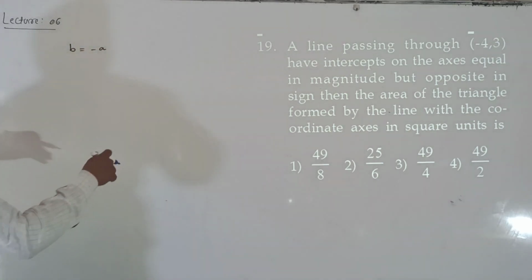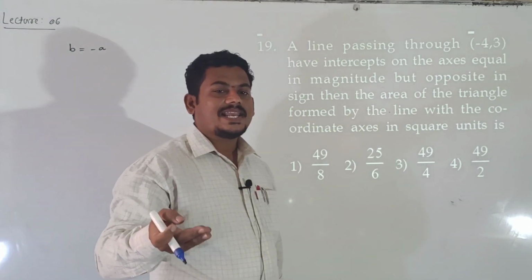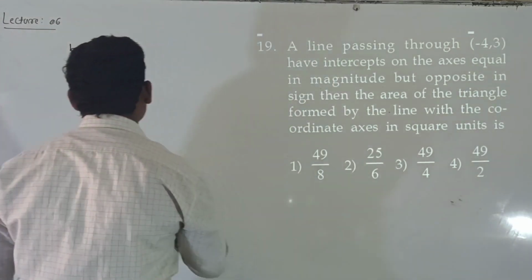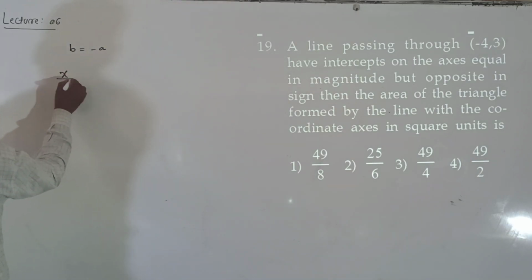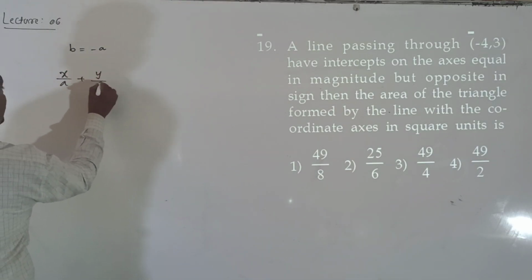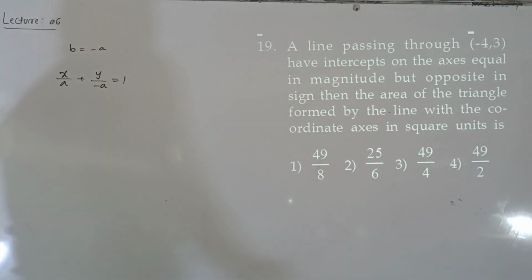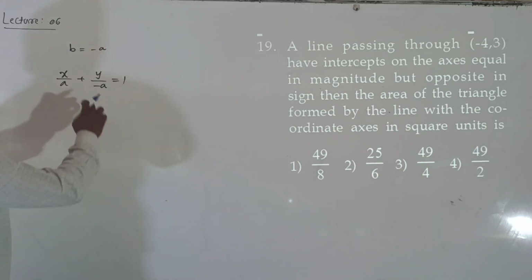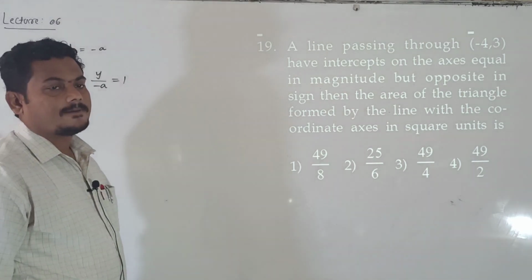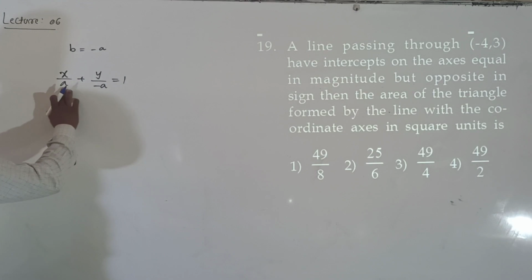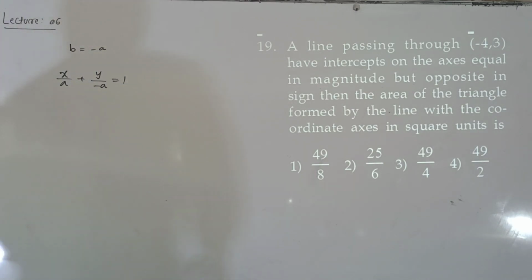Both intercepts are a only but opposite in sign, so the required equation is of the form x divided by a plus y divided by minus a equals 1. It makes equal intercepts but opposite in sign. The x intercept is a, the y intercept is minus a. Then this is our required equation.